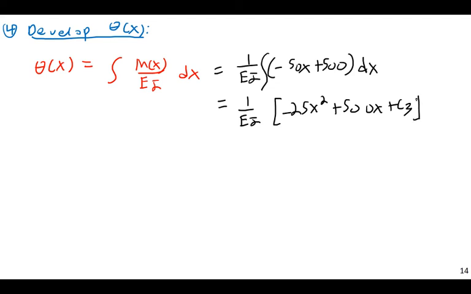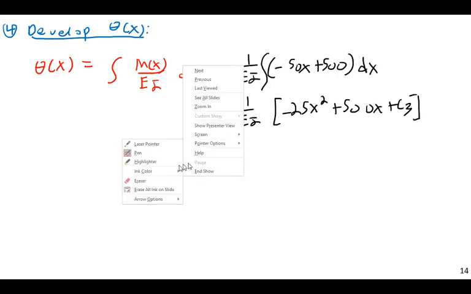So yay, we get another constant of integration. So we need a boundary condition. And what might that boundary condition be?